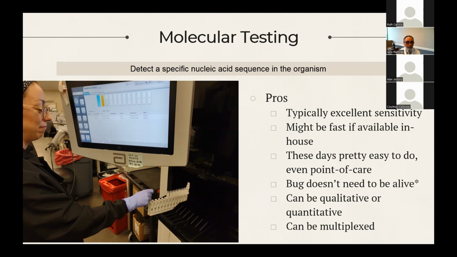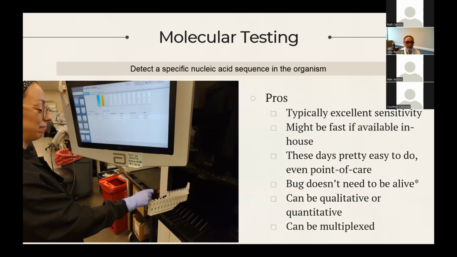They did a spinal tap here, and we got spinal fluid to culture and to PCR. The culture is not growing, because that child was already exposed to vancomycin and ceftriaxone before they collected the specimen. But the PCR is still picking it up. We still know that this kid's got strep pneumo. So the bug doesn't have to be alive. That can be a big advantage.